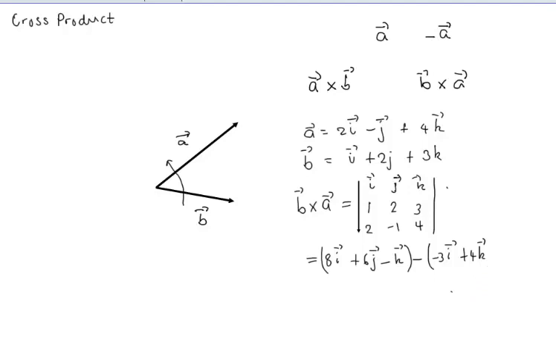Let's get rid of that k and say 4j. And then lastly plus 4k. This is just for organization. Now when you look at those terms, you've got your corresponding components in corresponding positions, so you can simplify more easily. So this is minus 3, that's a plus, that's 11i.